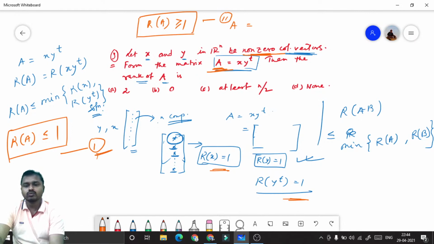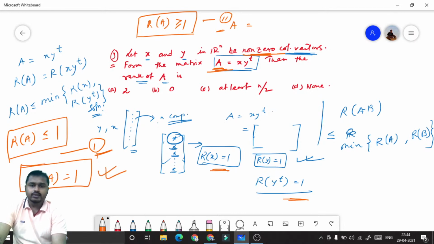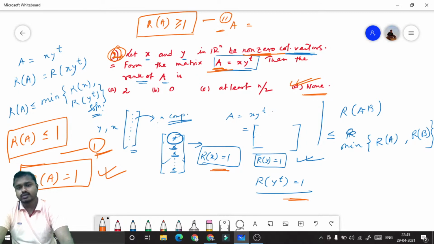So these two relations together conclude that rank of A is equal to 1. So the rank of that matrix is going to be 1, and your fourth option, that is option D, none, is going to be the correct option. Fine. So this is another question, question number 2 it was, and a very interesting question.